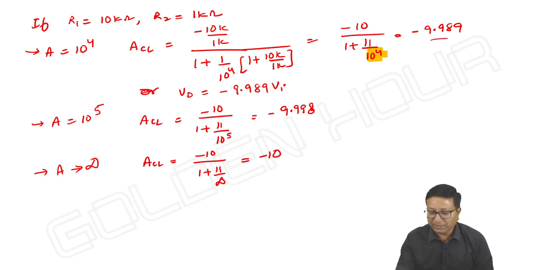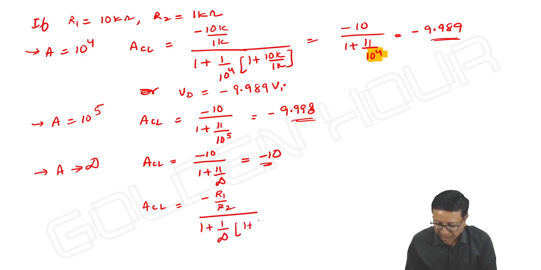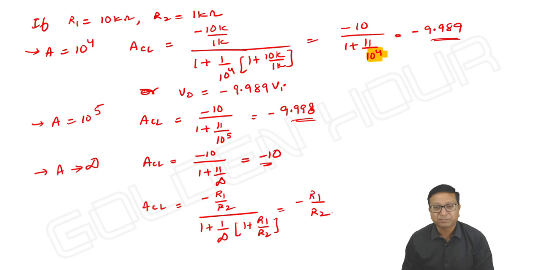So there is not much difference among these three values, but the equations are looking very tough. Or I can write the closed loop gain is equal to minus R1 by R2 by 1 plus 1 by A, with A infinity, into 1 plus R1 by R2. That is equal to minus R1 by R2.